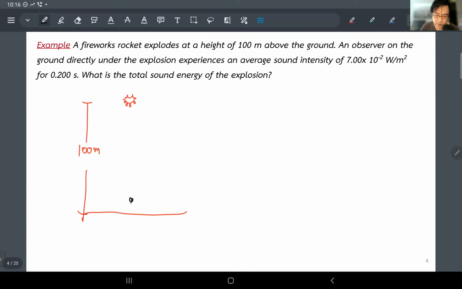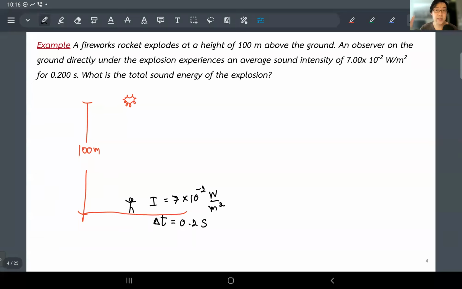This person experiences an average sound intensity of 7 times 10 to the negative 2 watts per square meter for 2 seconds. Let me write it as delta T, the amount of time he is observing this sound. The question asks: what is the total sound energy from the explosion?